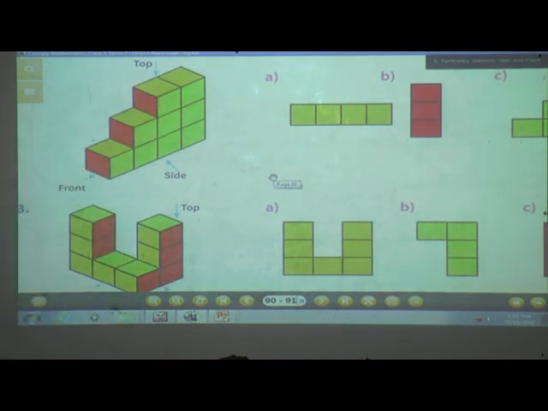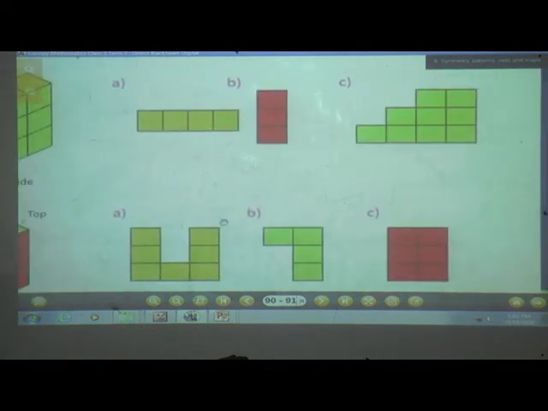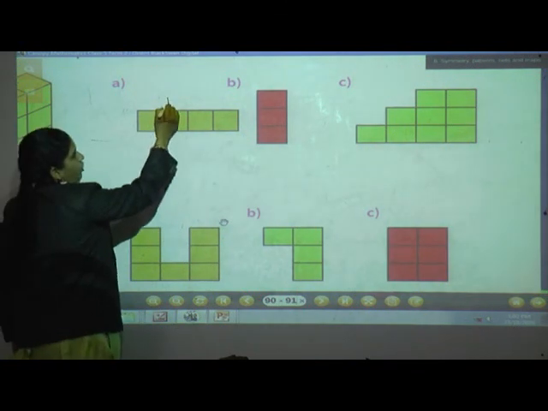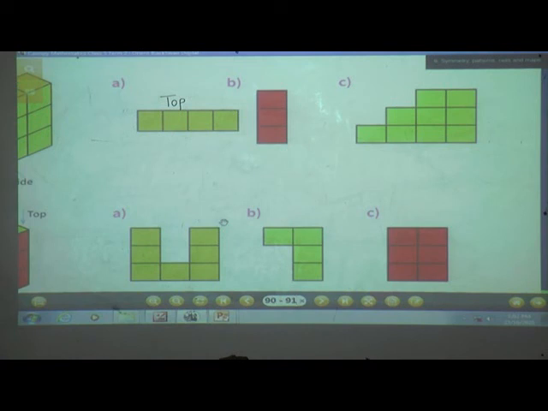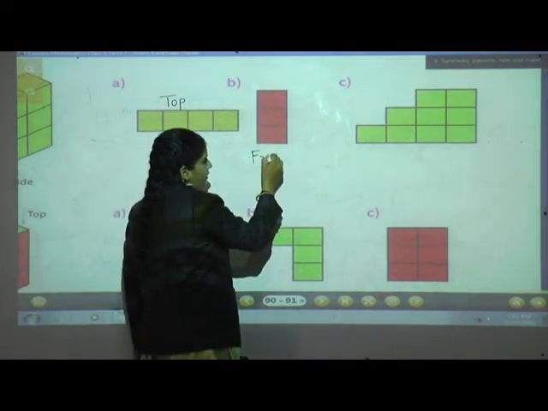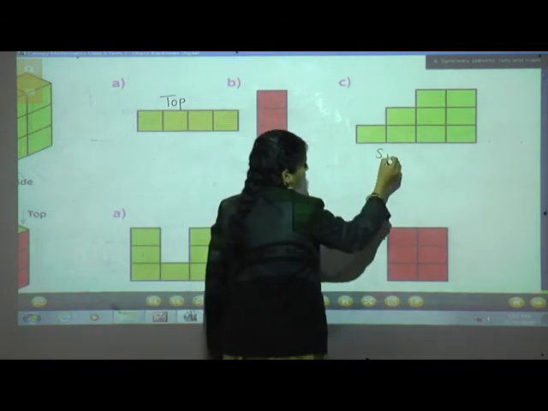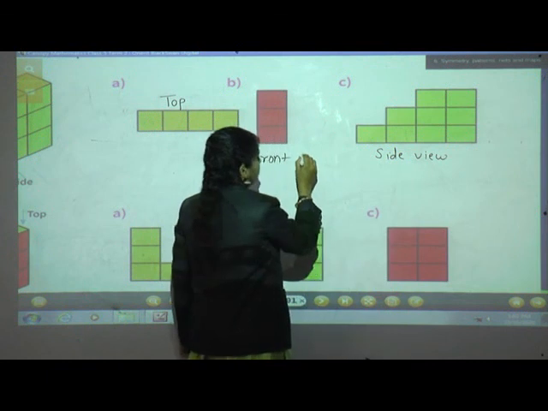Okay, so here is the first one's answer. See, this is the top view of the picture and this red color, see carefully, this one is the front and this one is the side view. Isn't it students? Yeah, very good.